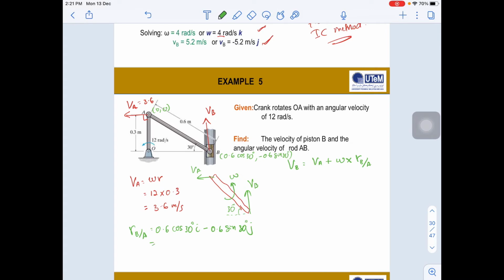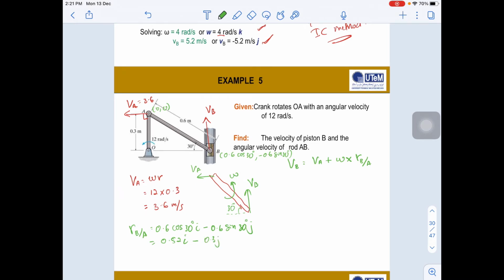Okay, simplified kan? 0.52 I minus 0.3 J. Okay, masukkan dalam equation. So VB can only move upwards, so you have VBJ.